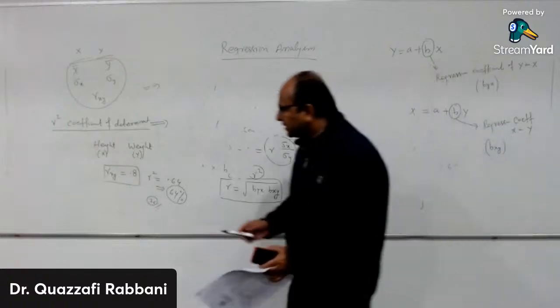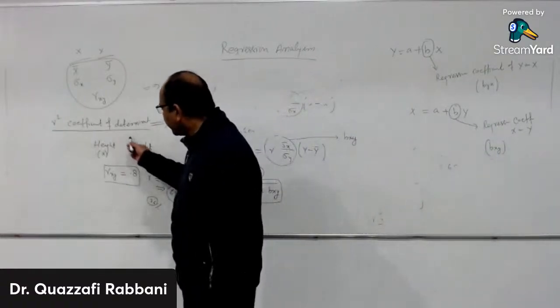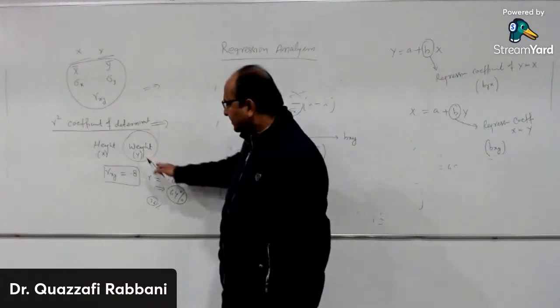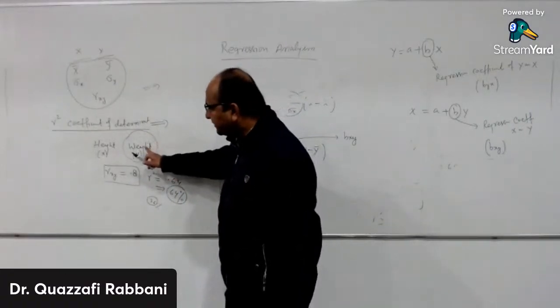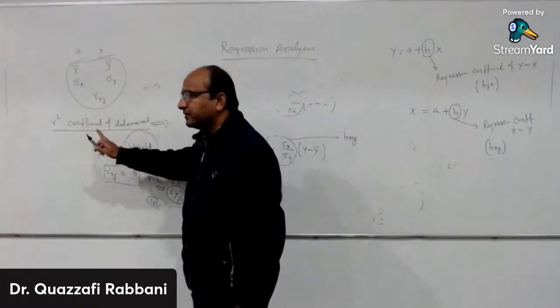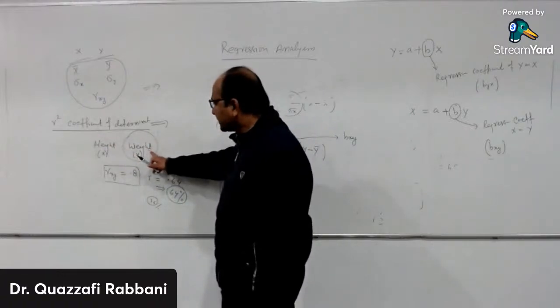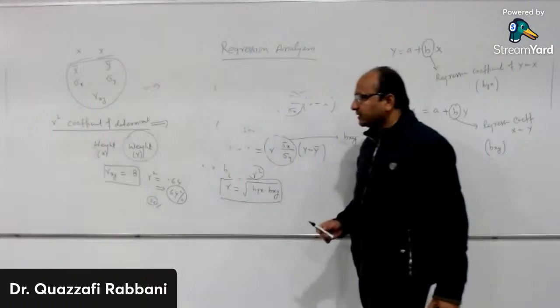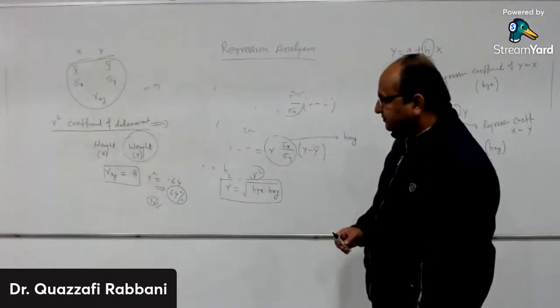So in this case, 64% of changes in weight are due to height, and 36% of changes in weight are due to some other independent variable.